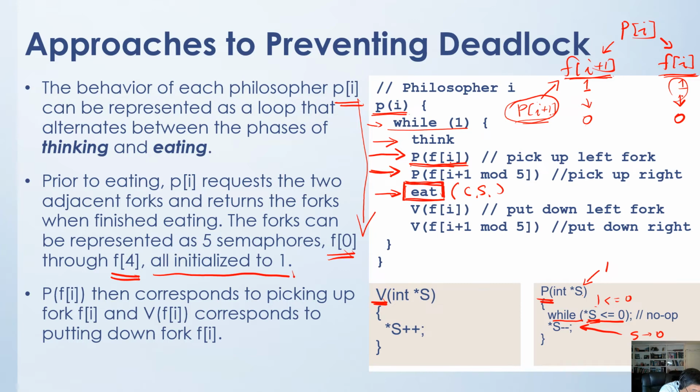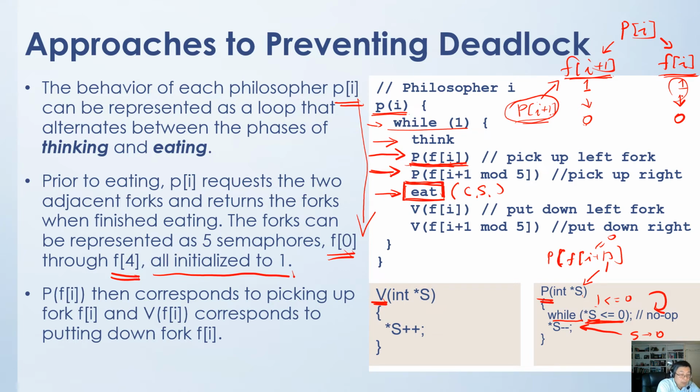Now you find out that fi+1 is 0. So when it is 0, it is going to be stuck in the while loop. Pi+1 will not continue; it will be stuck in one of the operation P.